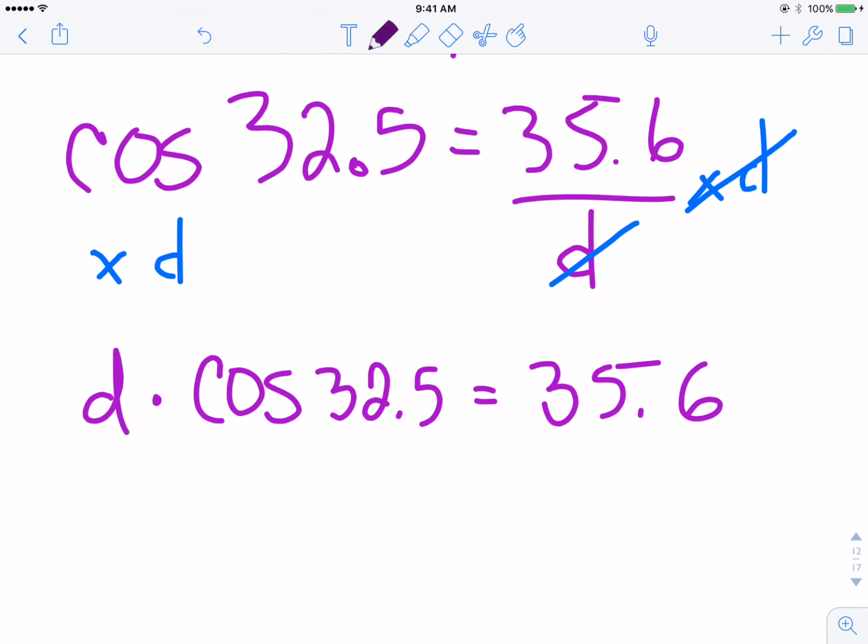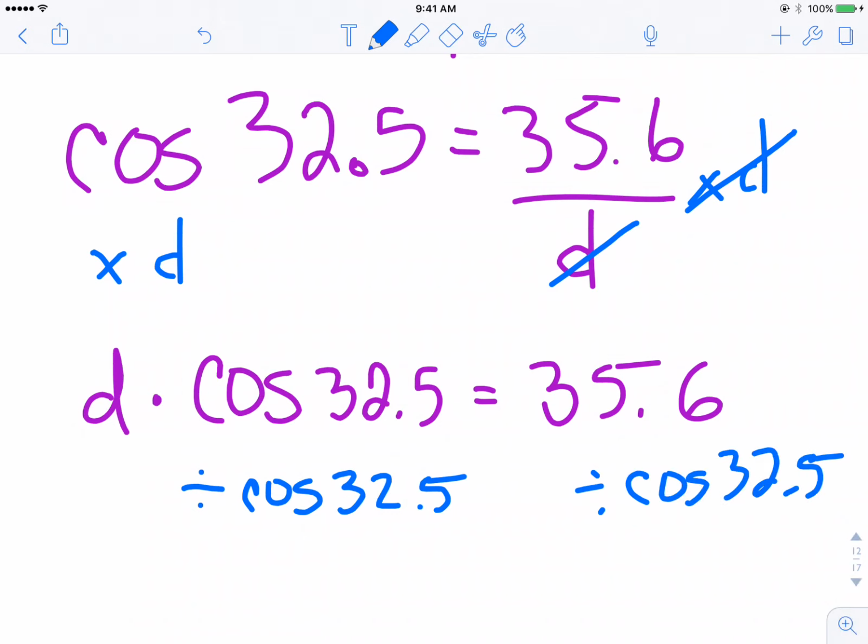And if I want D by itself, now I have to divide by cosine 32.5. Divide by cosine 32.5 on this side because I have to do both. These will cancel.